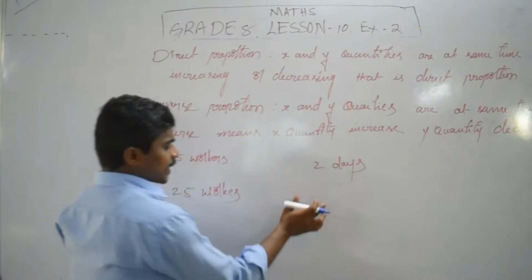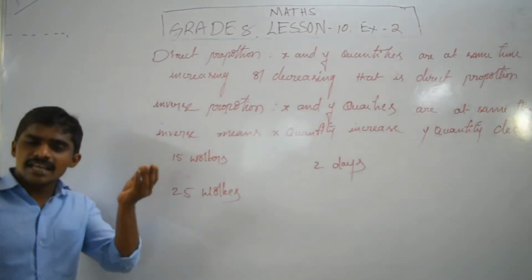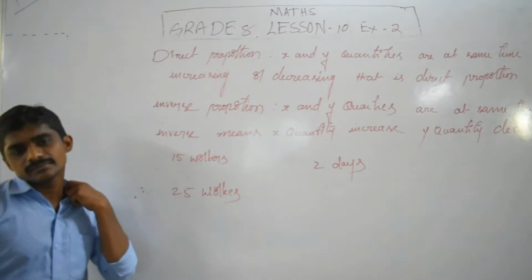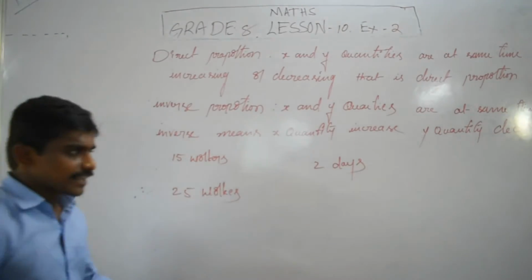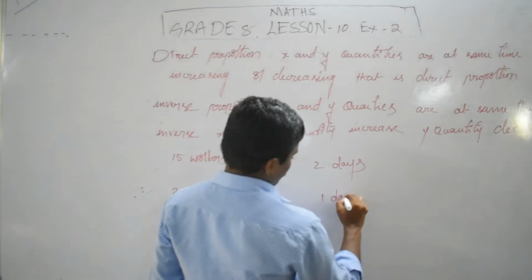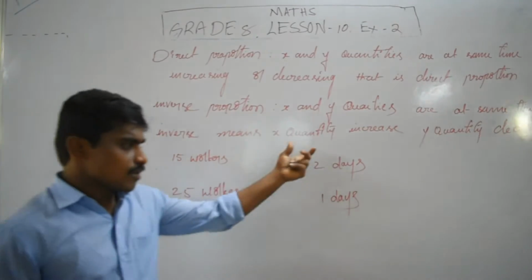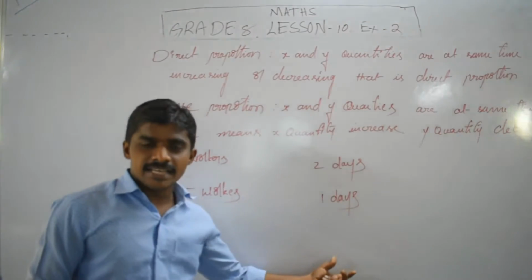So how many days will this wall take to finish? Is time increasing or decreasing? Decreasing, like 1 day. Here see, X quantity increasing, Y quantity decreasing.